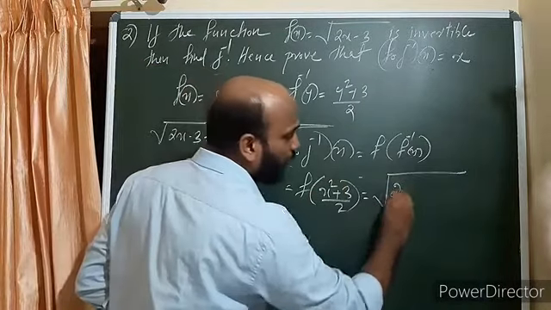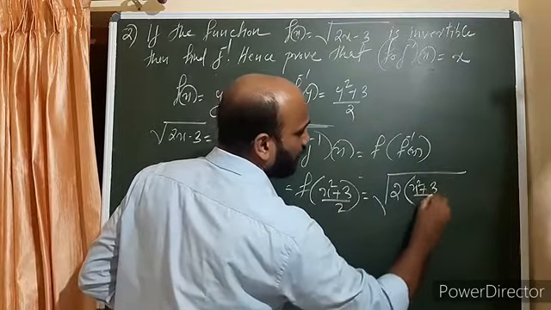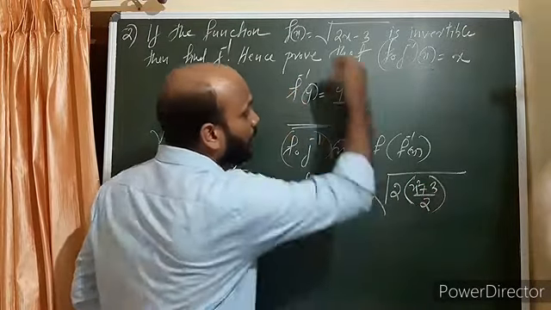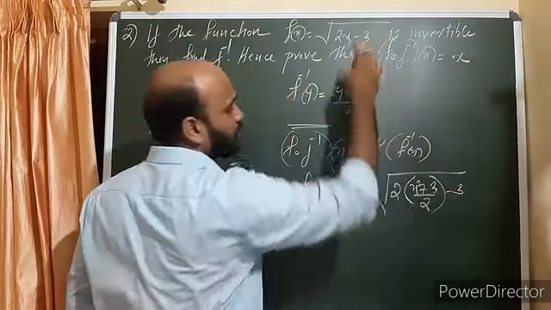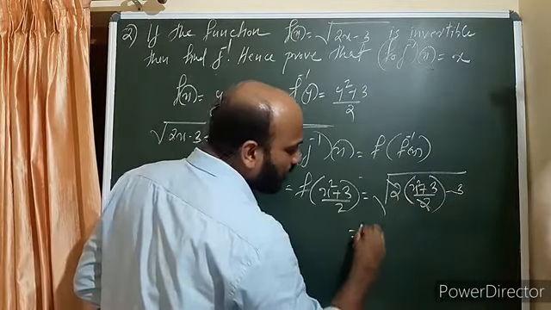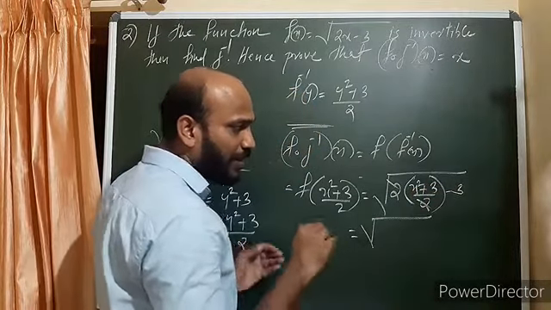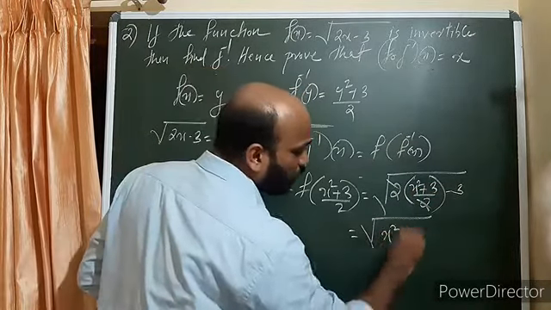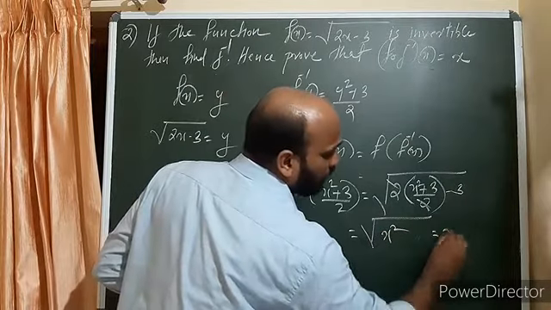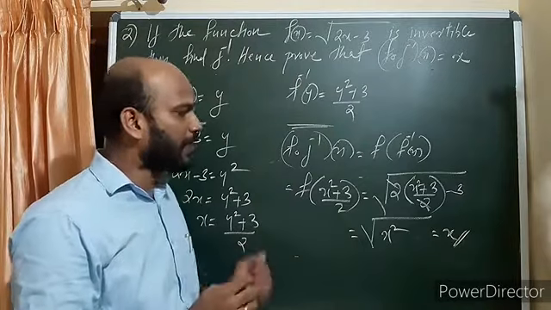So we will get 2 into x square plus 3 by 2, minus 3. So we can cancel 2. Remaining terms will be root of x square plus 3 minus 3. So 3 gets cancelled. We will get root of x square. That is equal to x. So f of f inverse of x equal to x.